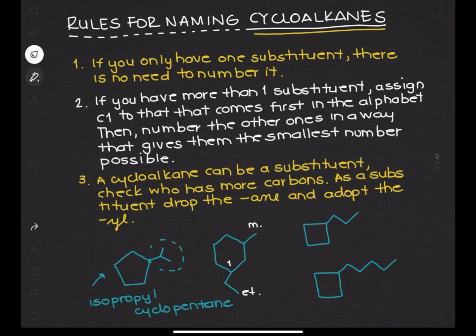I have two choices. I can either start numbering counterclockwise or clockwise. I see that if I do it counterclockwise, my methyl would be in carbon number 3, and that will give it the smallest number possible. So now, naming it, I would have 1 ethyl, 3 methyl, cyclohexane.